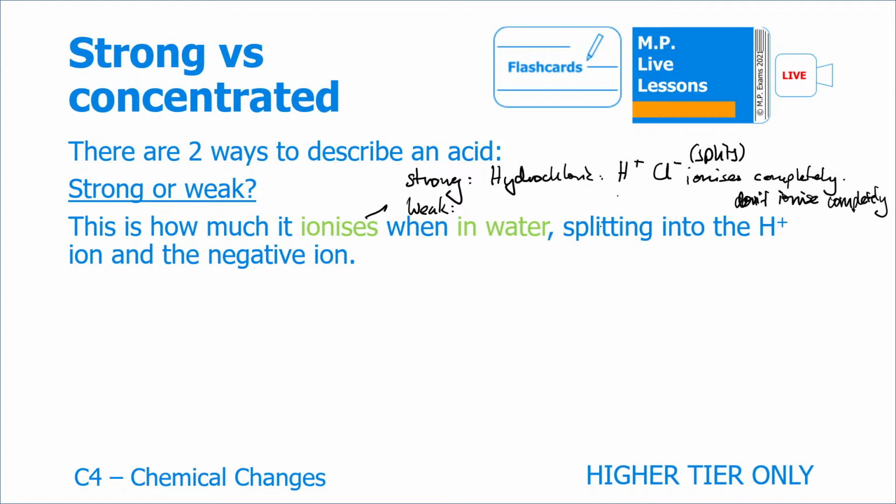So this means the ethanoic acid can split into its ions, but those ions can join together again to form the original molecule.